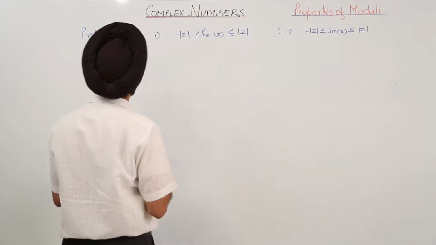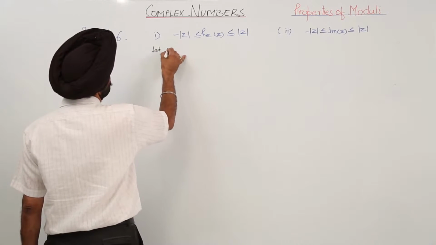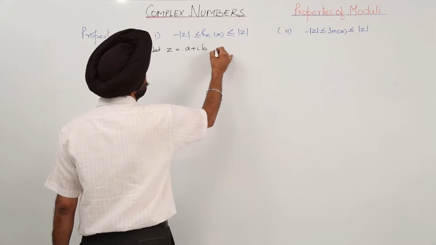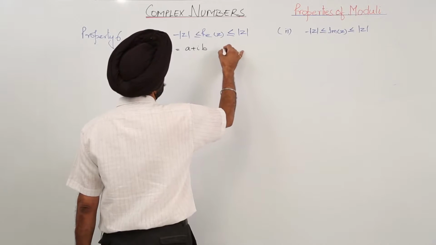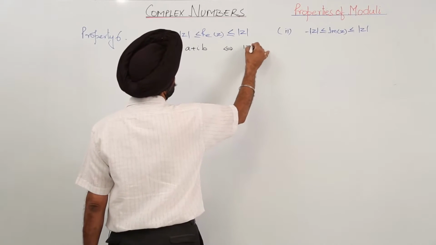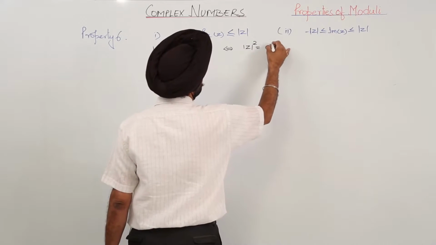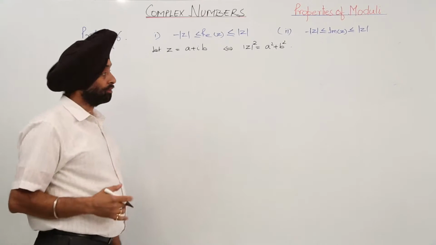Now let's prove it. Let z is equal to a plus iota b, and we get the modulus of z is equal to the square root of a square plus b square. Now this we have done many times.